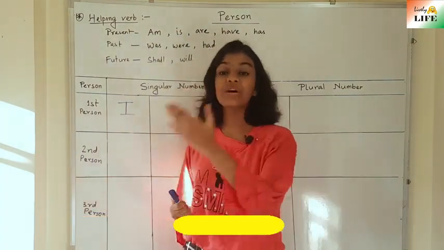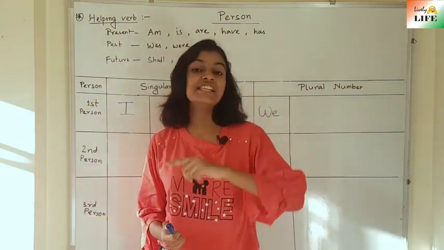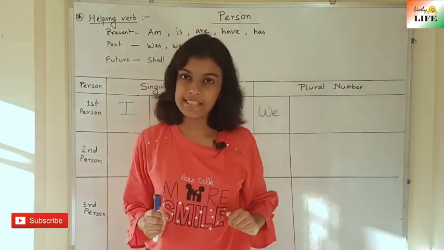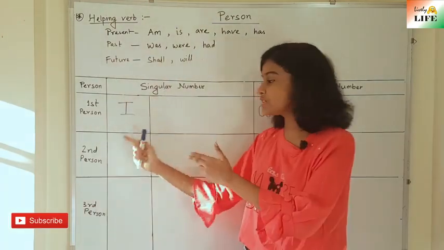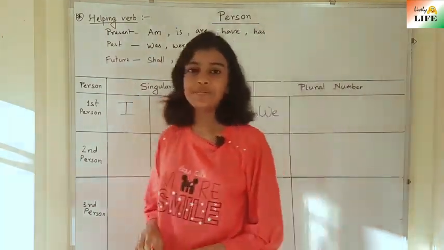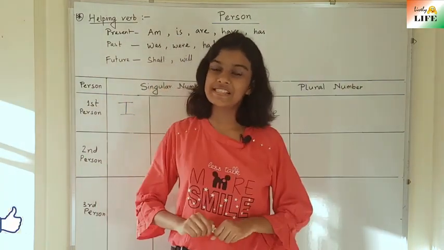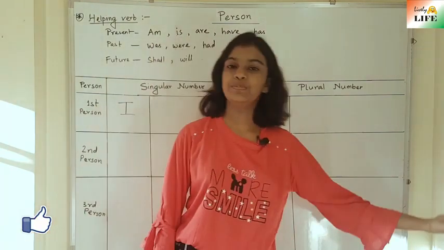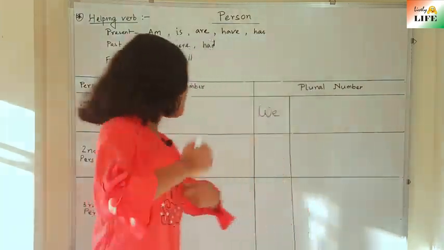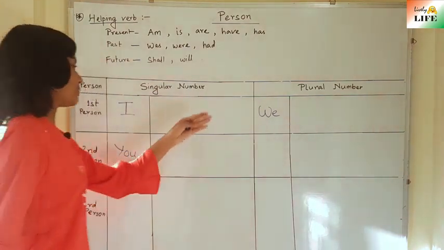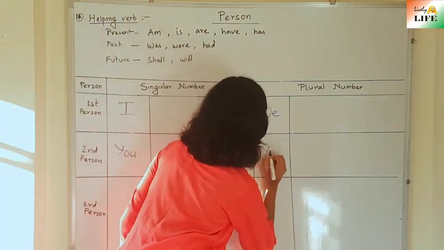When I'm talking about myself, then it is first person, but when I'm talking about you, then it is second person. I is first person, you is second person. Now which is singular and plural? Here an interesting case is that you is both singular and plural. It means that you is second person singular as well as second person plural.